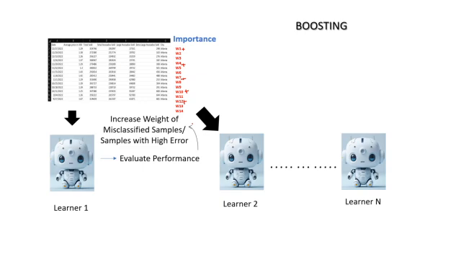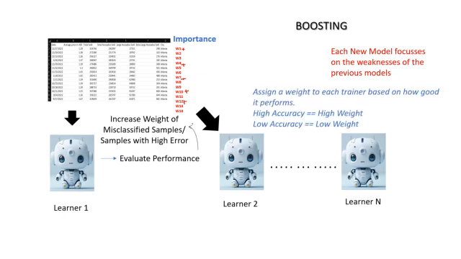Each of these learners focuses on the weakness of the previous model. It tries to reduce the error made by the previous models. Based upon the performance of these learners, each learner will be assigned a particular weight. If the learner has a high accuracy, it will be assigned a higher weight, and if it has a lower accuracy, it will get a lower weight.